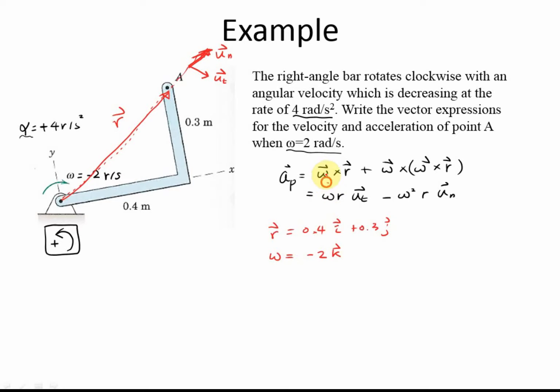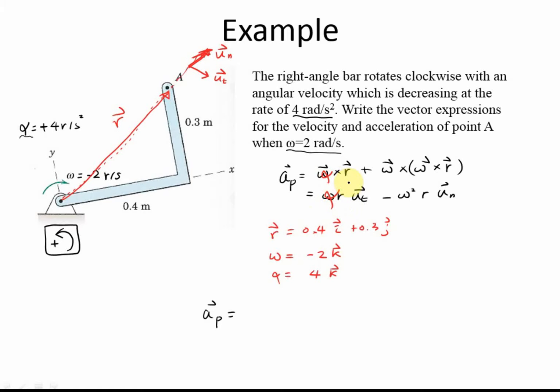Oh, I'm sorry. This one should be alpha, and my alpha is 4k. Then we can just use this one. So let's try to do that. My acceleration is equal to alpha cross r plus omega cross omega cross r.